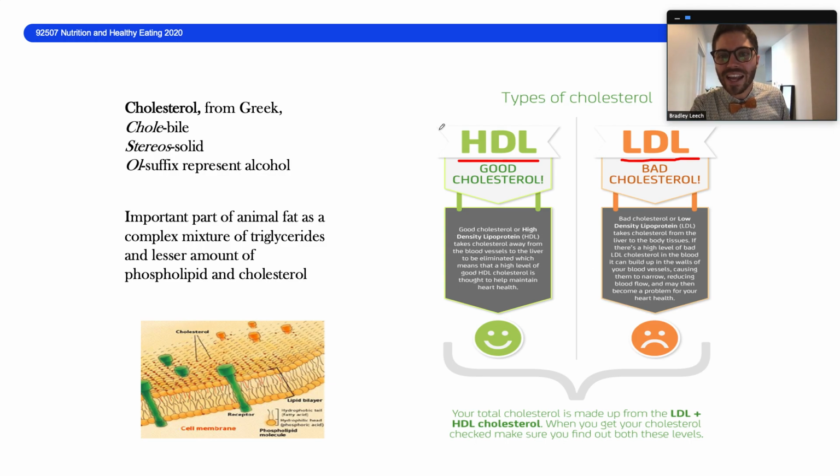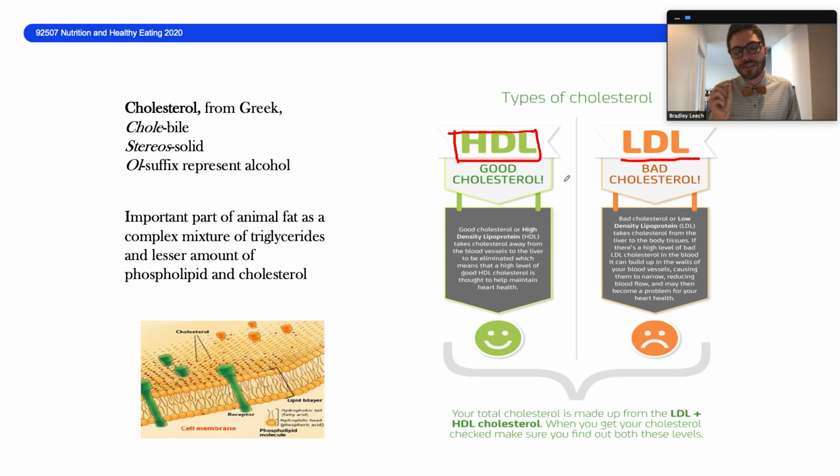So HDL cholesterol, one of its roles in the body is to move cholesterol from your arteries, from your blood vessels, back to the liver to be processed. Okay? Whereas LDL cholesterol will actually move cholesterol from the liver to the arteries, causing this buildup of plaque.